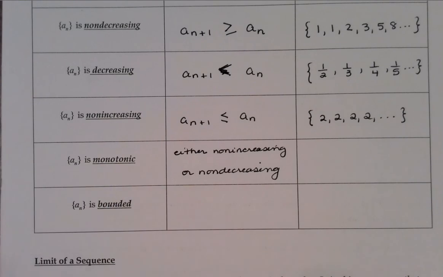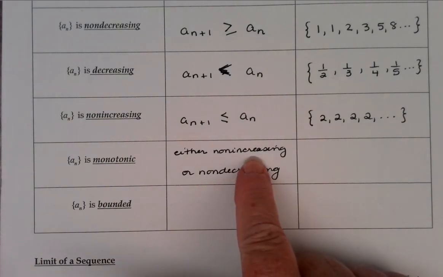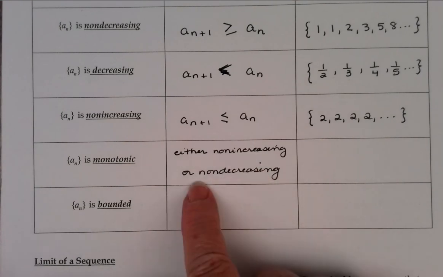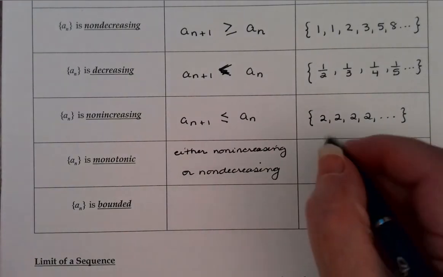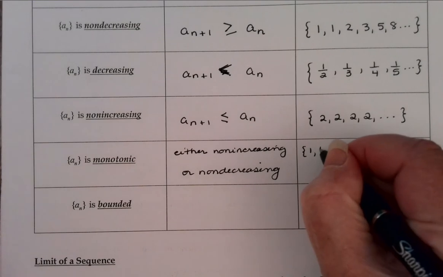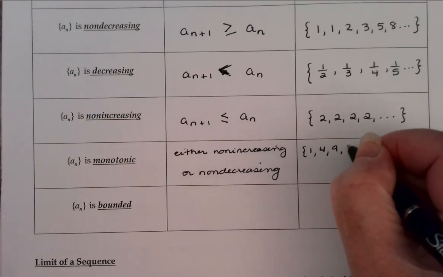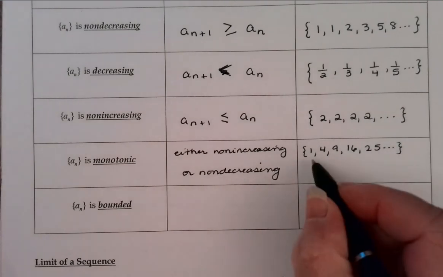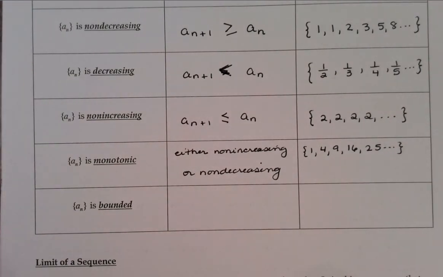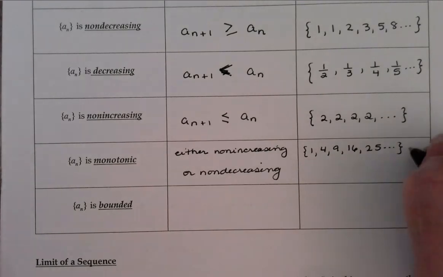So all in one direction. Either non-increasing, meaning it basically always goes down or maybe stays the same, or non-decreasing, meaning it always goes up or stays the same. Here's an example of a monotonic sequence. All the squares, 1, 4, 9, 16, 25.